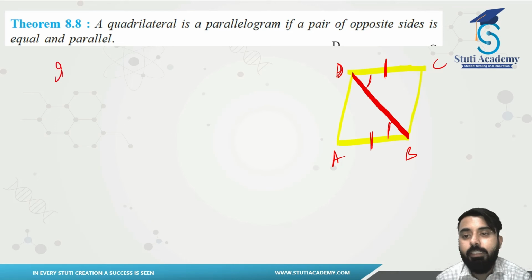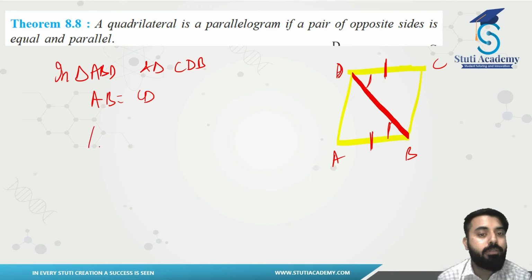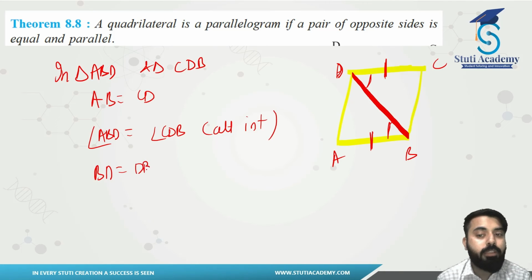So in triangle ABD and triangle CDB, I know AB is equal to CD. I know angle ABD equals angle CDB, alternate interior, and I know BD is equal to DB, common, right?